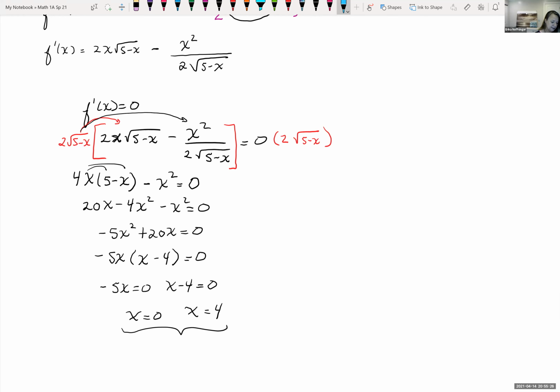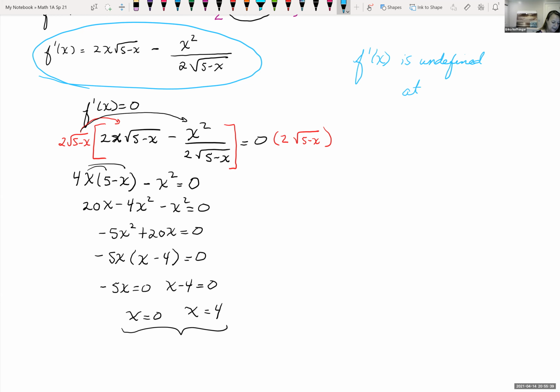So f prime of x is undefined when 5 minus x equals 0, or x equals 5. So it's undefined at x equals 5, the derivative, but it is defined in our original function.